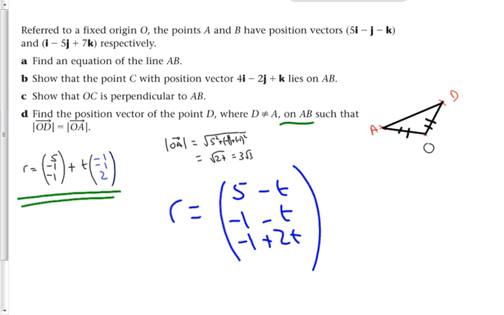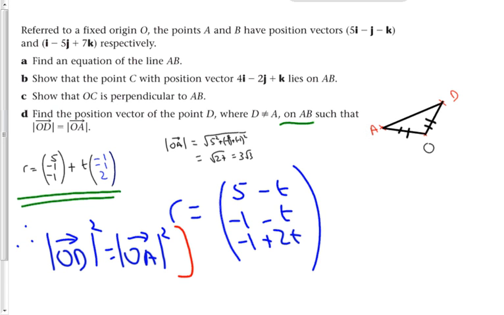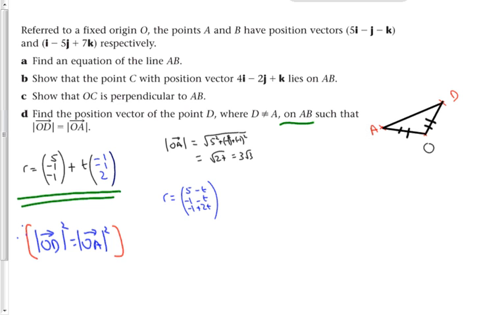I know that the distance OD is equal to the distance OA. So another little technique is to say that therefore OD squared is equal to OA squared. Okay, so that is an important line there. We're going to use this fact. OA squared is 27.